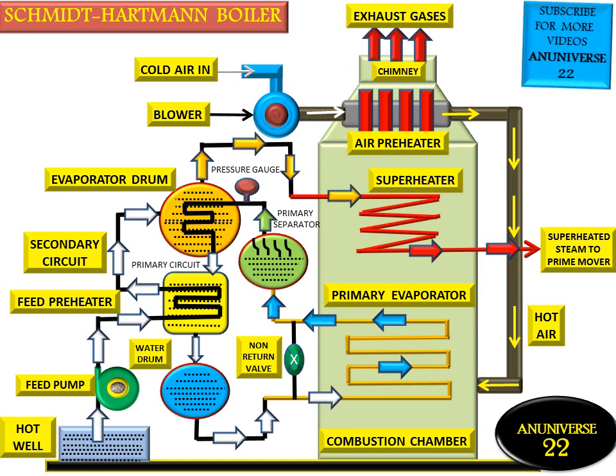In the primary circuit, steam at 100 bar is produced from distilled water, and the generated steam is passed through a submerged heating coil.